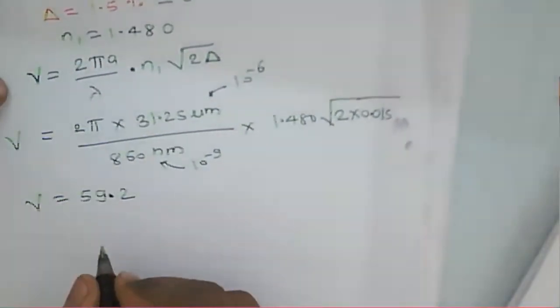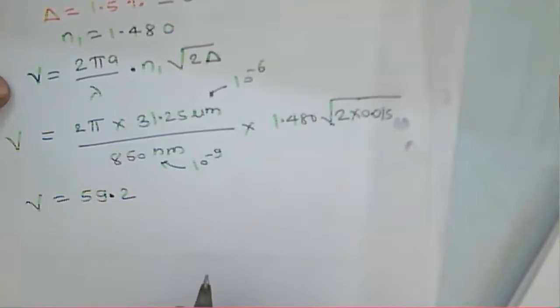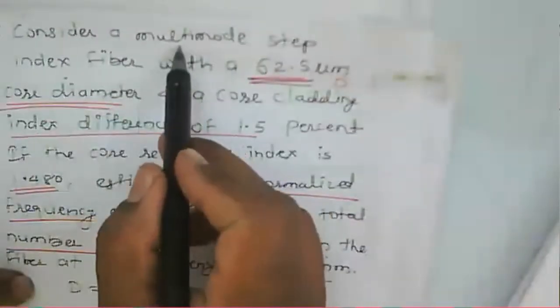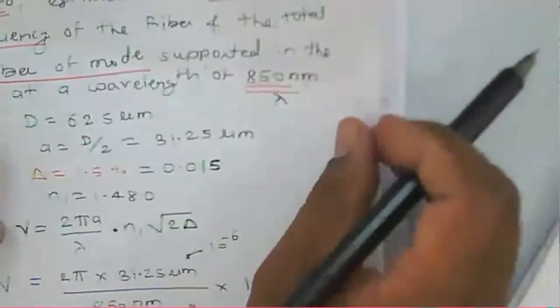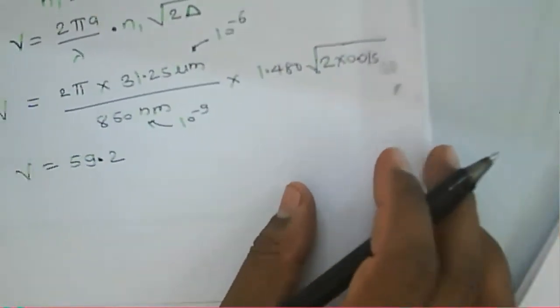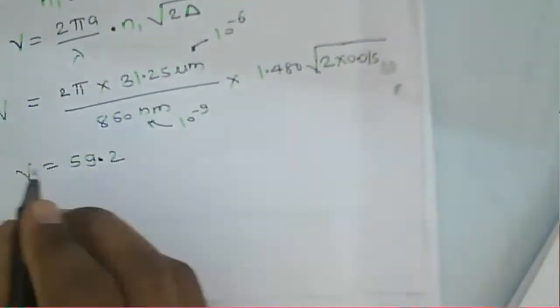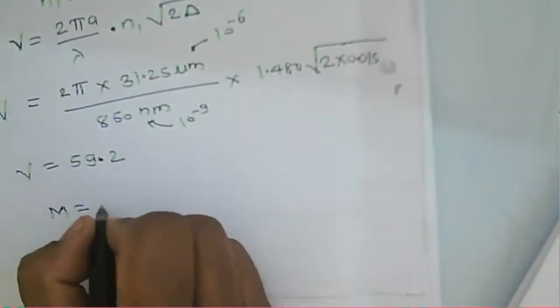Then the total number of modes supported by the multimode fiber. Because the given is a multimode step index fiber, in that case M is equal to V square by 2.